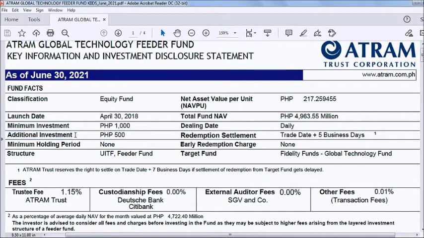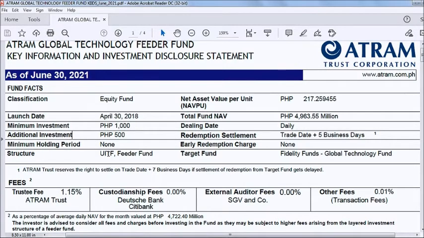But weird lang because I'm investing in ATRAM Global Technology Feeder Fund via G-Invest. Pero sa G-Invest na platform, yung additional investment na nakalagay doon is 1,000. But on this document it's stated 500 pesos. Anyway, minimum holding period, there is none.